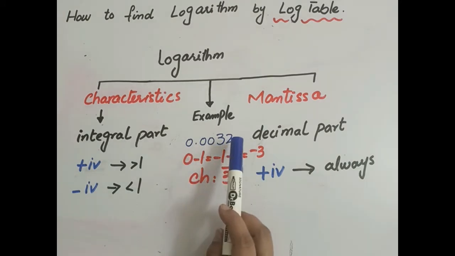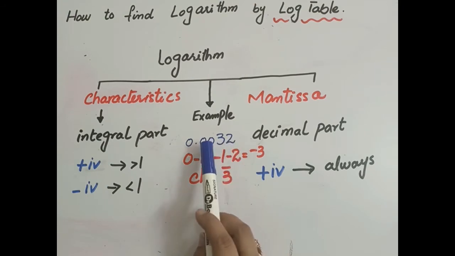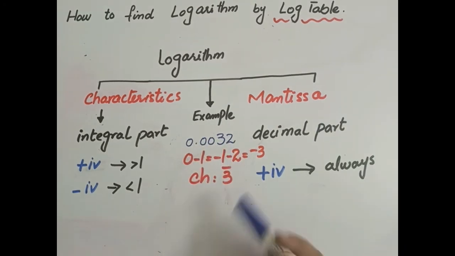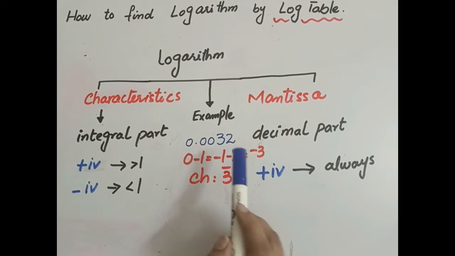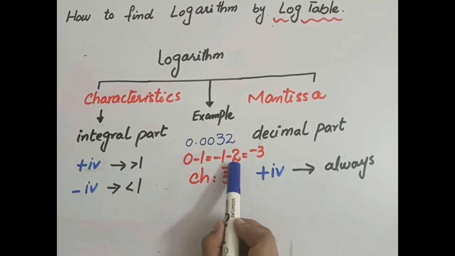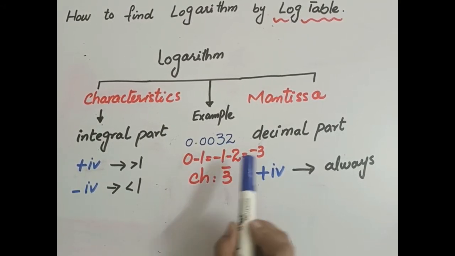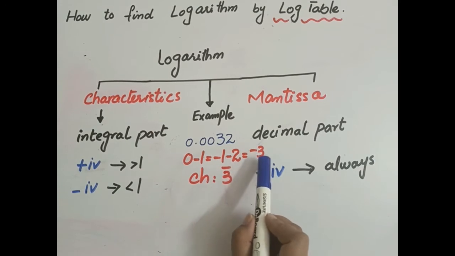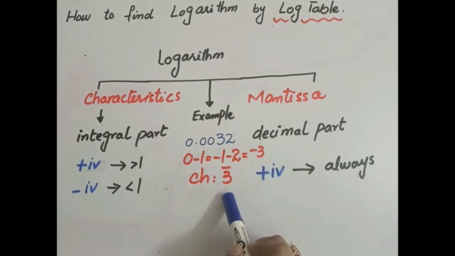But as you see, the digits are not starting right after the point. They are starting after 2 zeros. So after the point 2 zeros are there, so we have to subtract 2 from it as well. So the characteristic will be -3 or 3 bar.